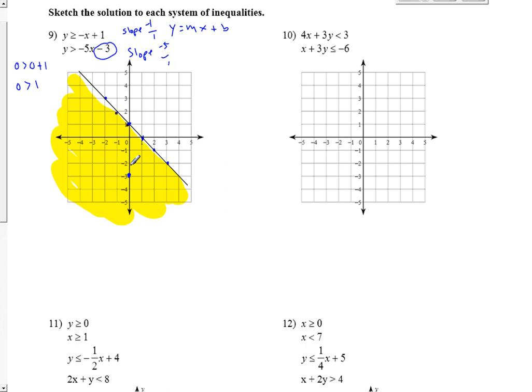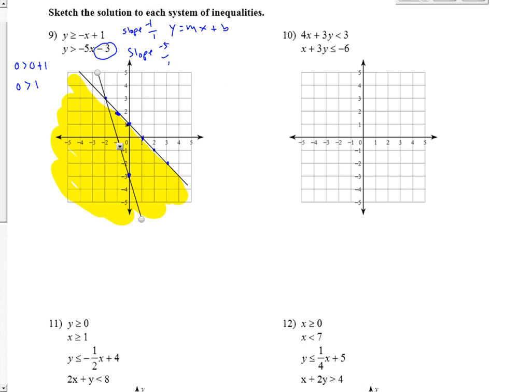So I can go up 5, but I have to make sure if I go up 5, I go left 1. So 1, 2, 3, 4, 5, left 1 unit, and there's my point. So now I'm going to graph this, and my line goes through there.